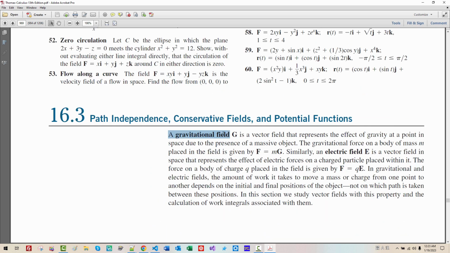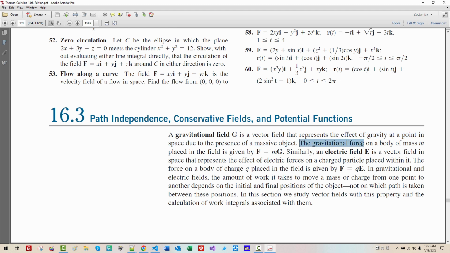A gravitational field G is a vector field that represents the effect of gravity at a point in space due to the presence of a massive object such as Earth or Sun or Moon.